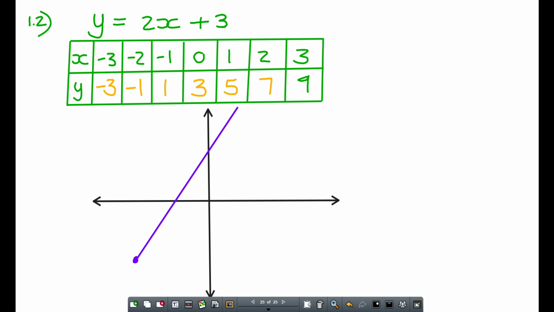I'm going to start here. Minus 3, minus 3. Minus 2, minus 1. Minus 1 and 1. Okay, so that's going to be over here. Minus 2, minus 1.